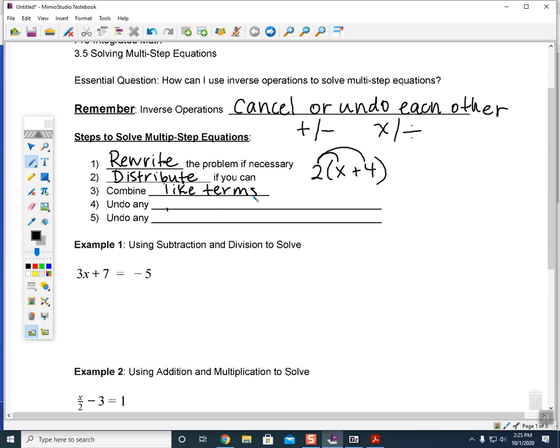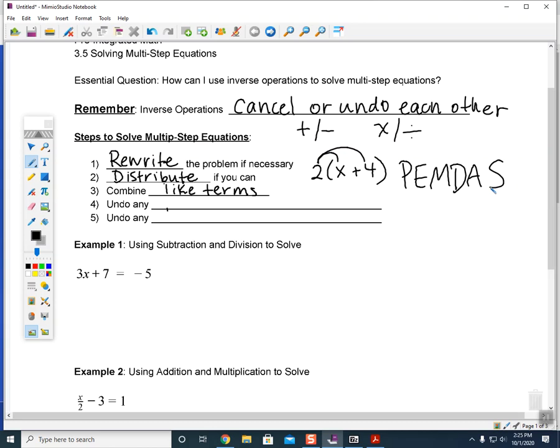Now, this is the part that kind of throws it off for some people. So normally when we talk about doing math, we talk about order of operations. We have, please excuse my dear Aunt Sally, PEMDAS. We know that this is the order that we do stuff in normally.